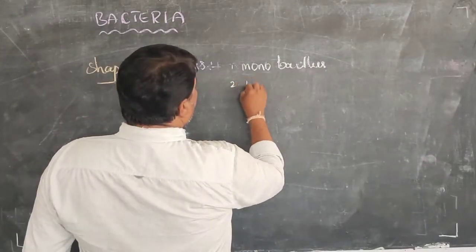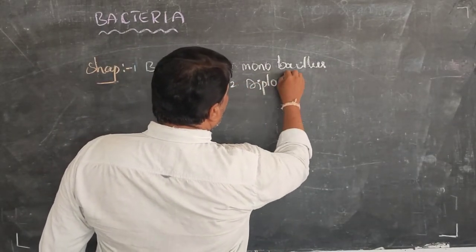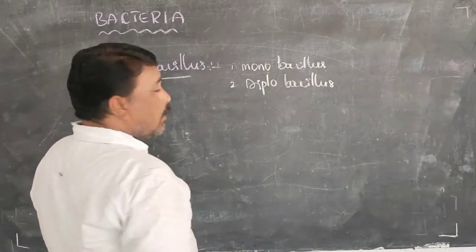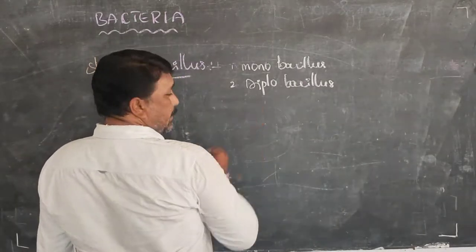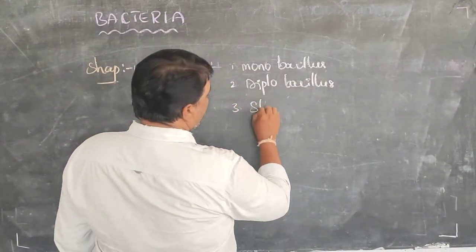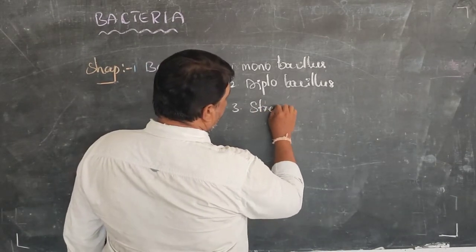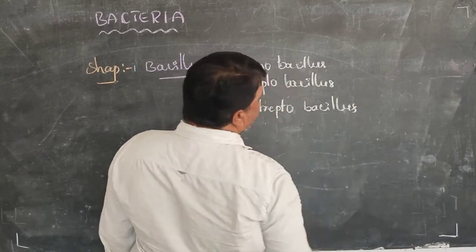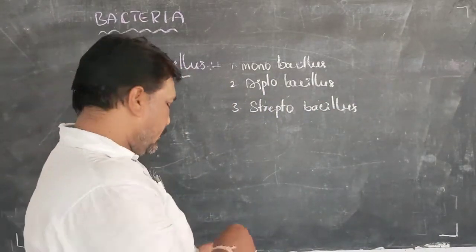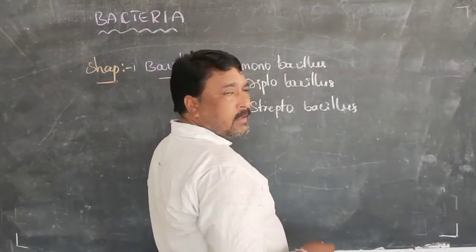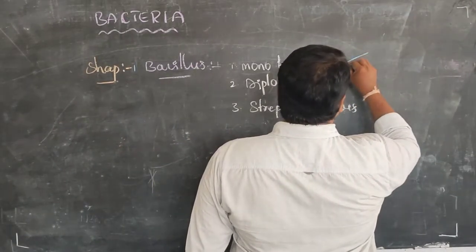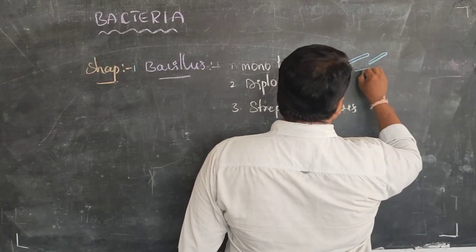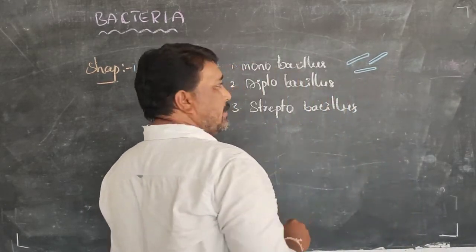And the second one is diplobacillus, and the third one is streptobacillus. Monobacillus, diplobacillus, streptobacillus. The first one, monobacillus. The arrangement of a bacillus-like structure, the rod-shaped structure, as a single bacillus cell is a monobacillus.